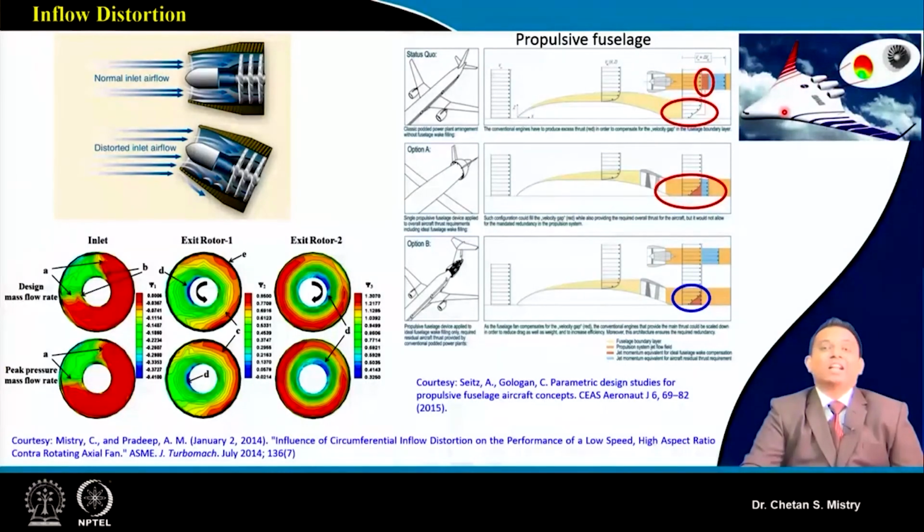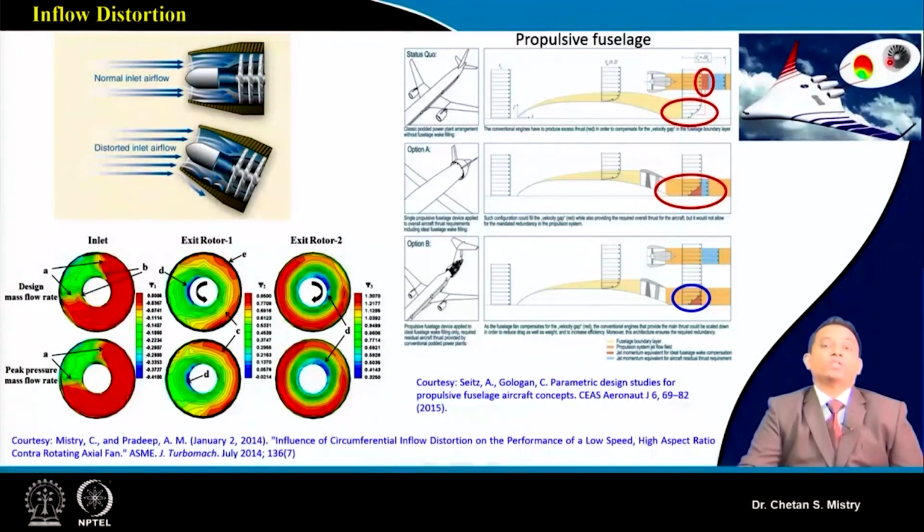The challenge is that I will have growth of the boundary layer from the front towards the rear side. By the time my compressor faces the flow, it will have this kind of total pressure distribution, and this will strike my fan.